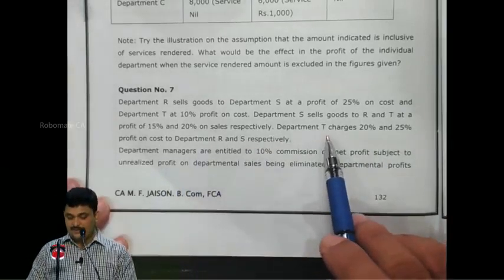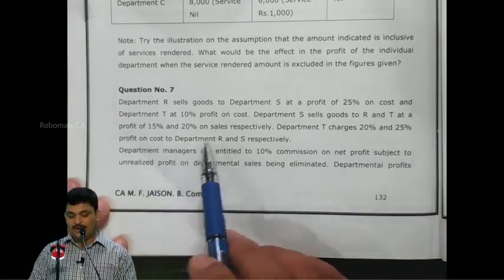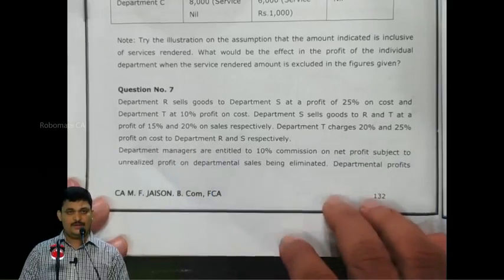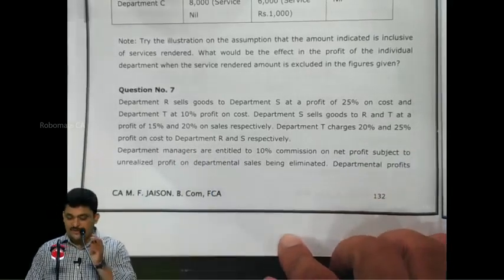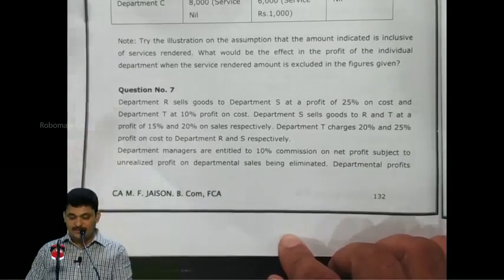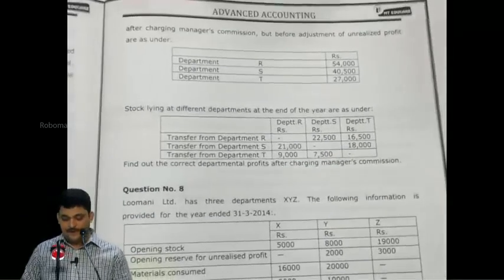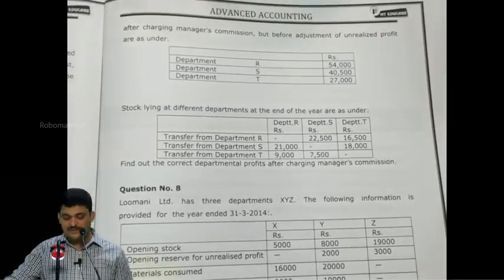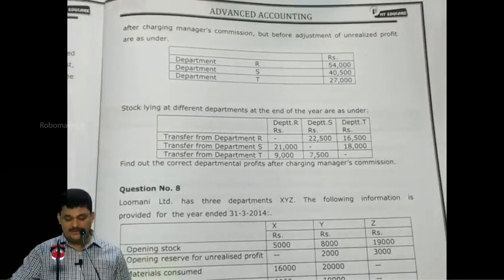Department T charges 20% and 25% profit on cost to Department R and S respectively. Department managers are entitled to 10% commission on net profit subject to unrealized profit on departmental sales being eliminated. Departmental profits after charging managers commission but before adjustment of unrealized profit are as under.